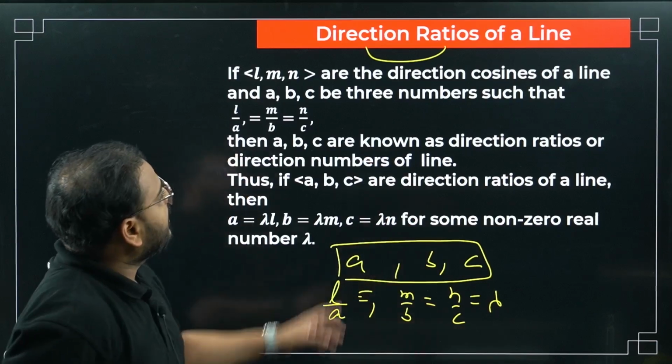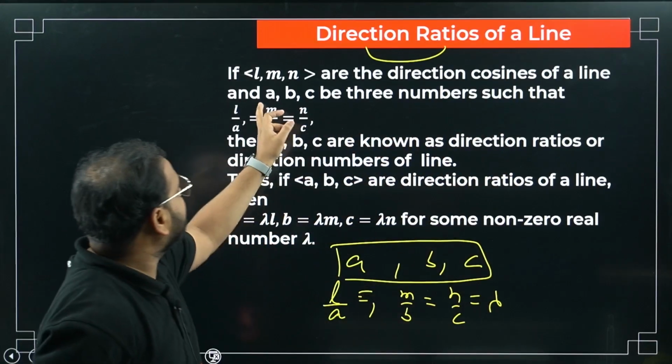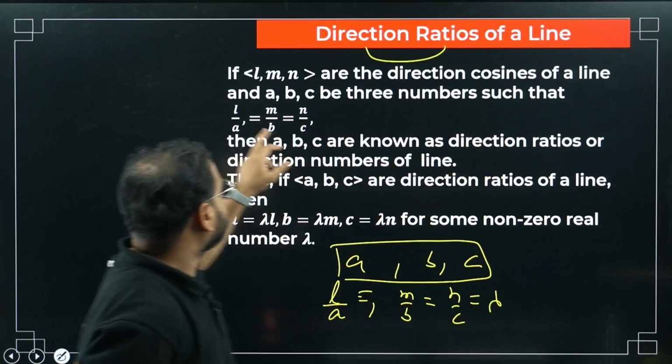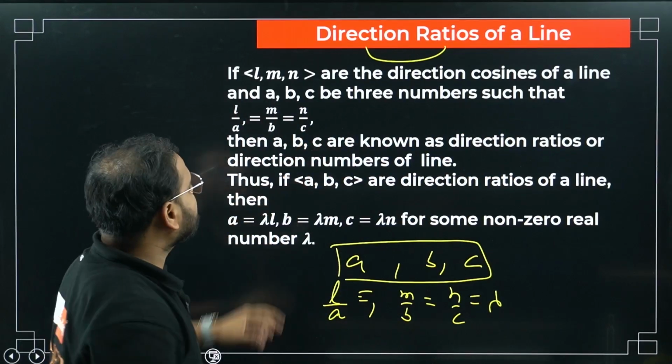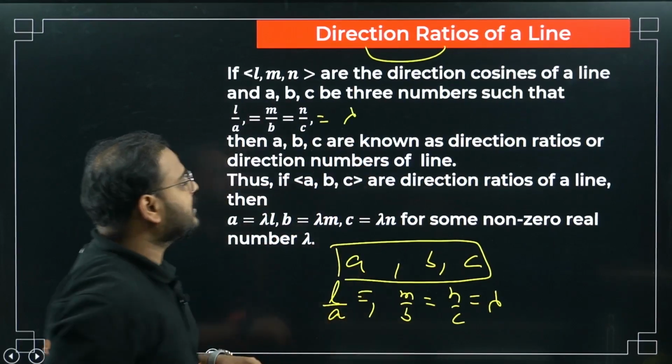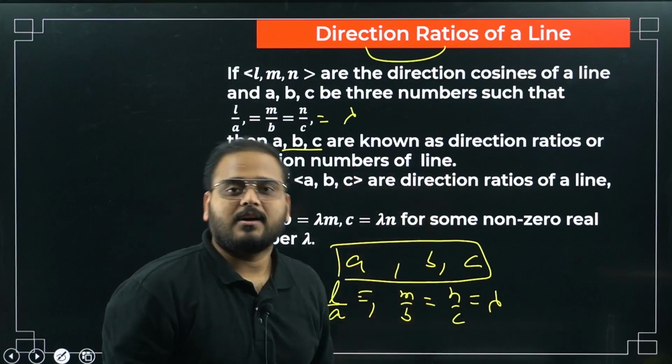Please read here: if L, M, N are the direction cosines, and A, B, C are 3 numbers such that this ratio becomes proportional, meaning it equals some constant lambda, then A, B, C are called direction ratios.